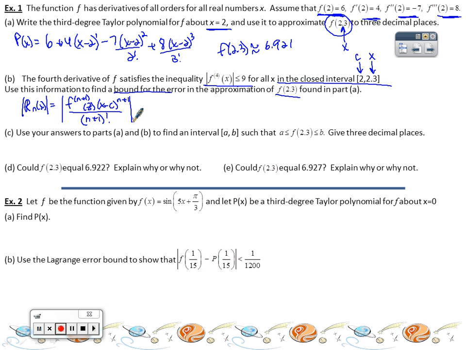Okay, so we're looking at the next term, the fourth derivative, to the fourth power over 4 factorial. So let's fill that part in. Again, our error is bound by the next term, the one right after this one.